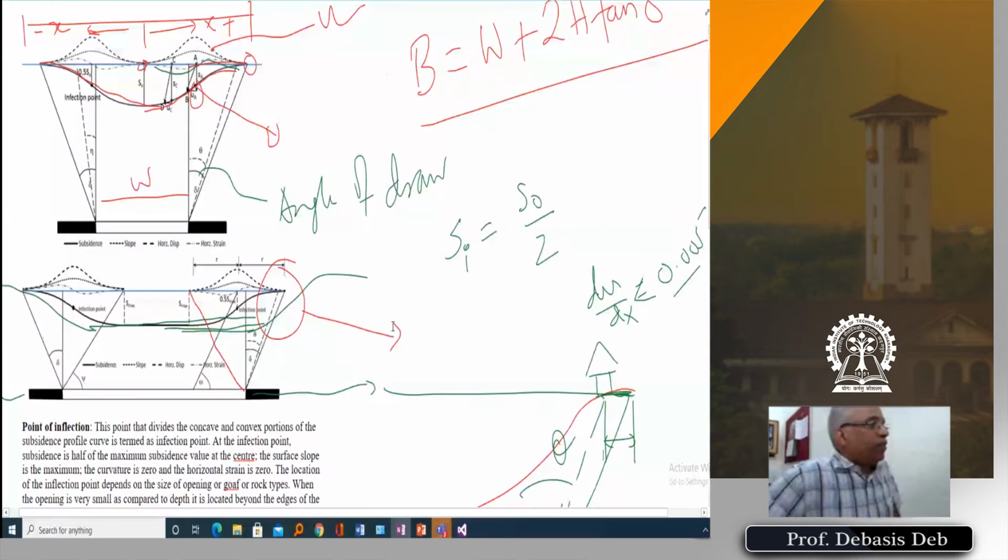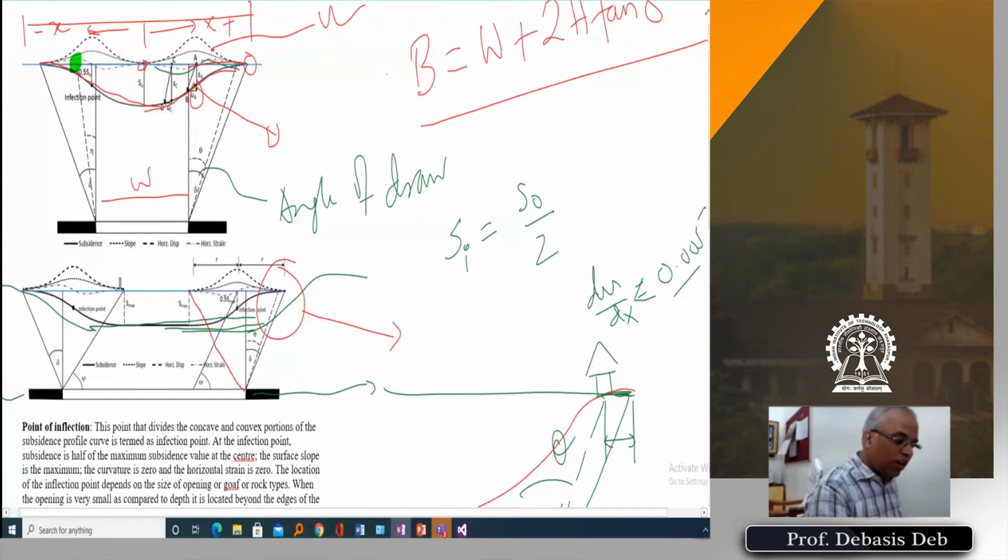Now, let me first talk about this angle of break, this eta. Sometimes we get it right, sometimes we do not. I told you that we normally go to the surface and see where the crack is. Then we try to extrapolate from this, because this point, where the crack has occurred, is now known.